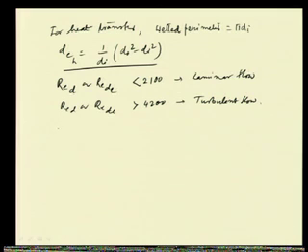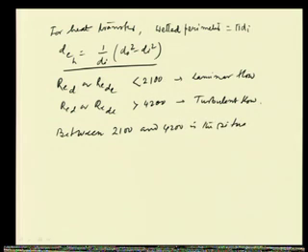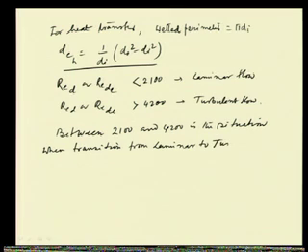And between 2100 and 4200 is the situation when transition from laminar to turbulent flow takes place.